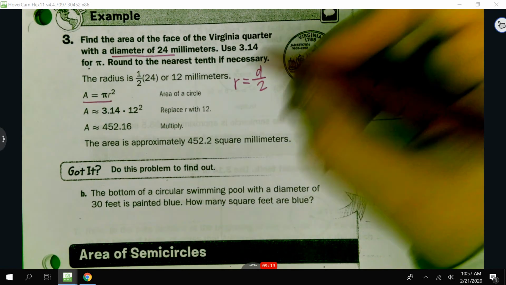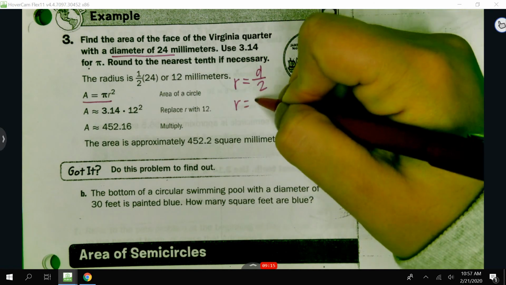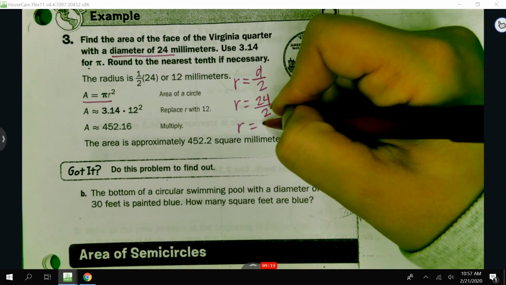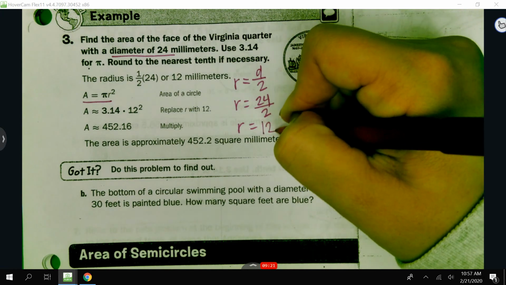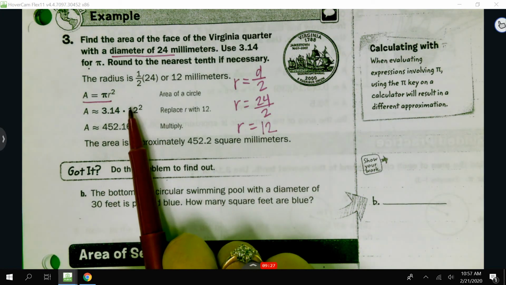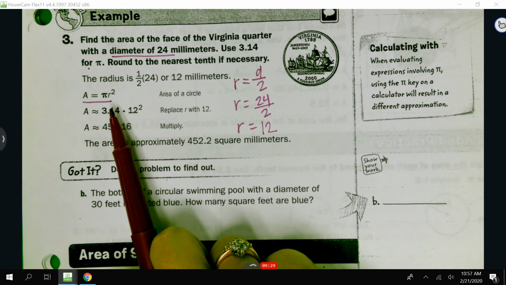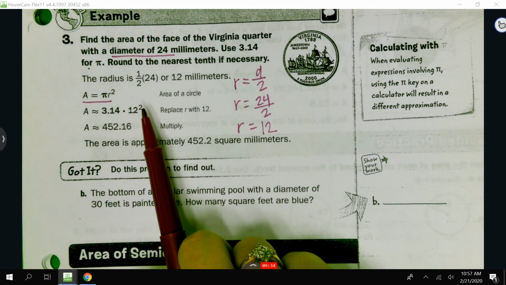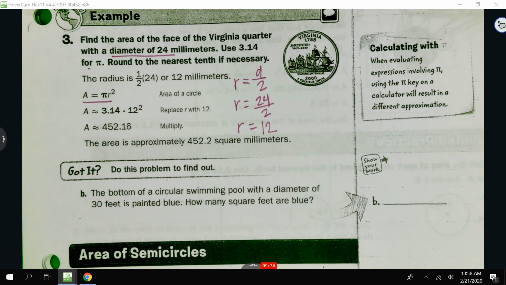D divided by 2. The D is 24, so 24 divided by 2, what is your radius? 12. Okay. So that is how they got this 12 right here. Because they're doing pi r squared, you had to find R first, which was 12. Okay. And then it's all the same.